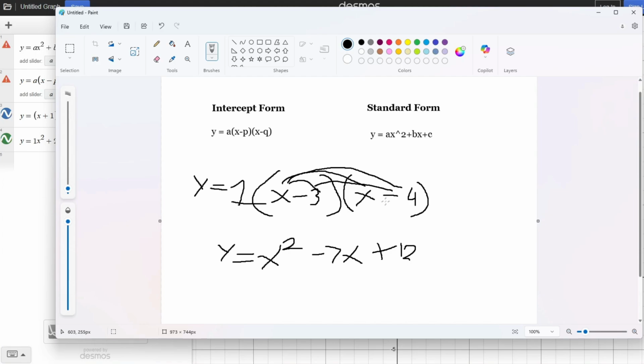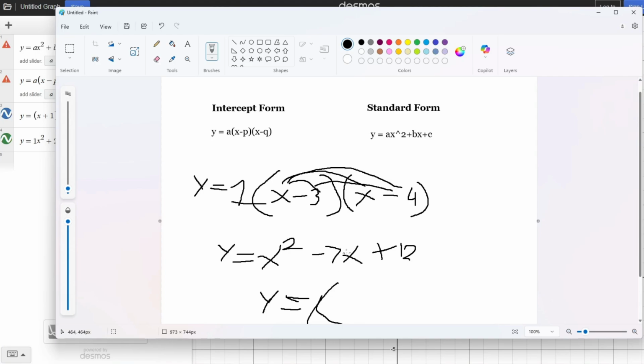That looks pretty simple. Now let's see if we can get back to intercept form using this. We do factorization, which you did before in 8th grade math class.